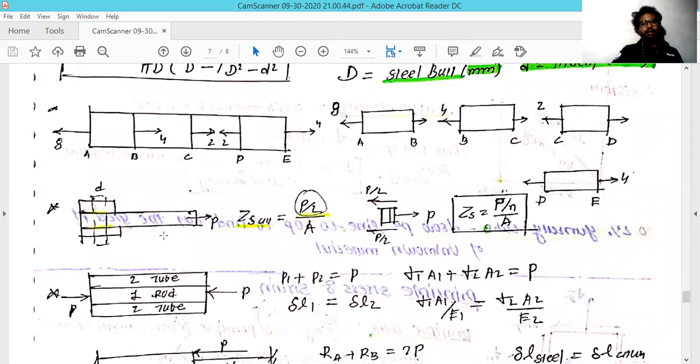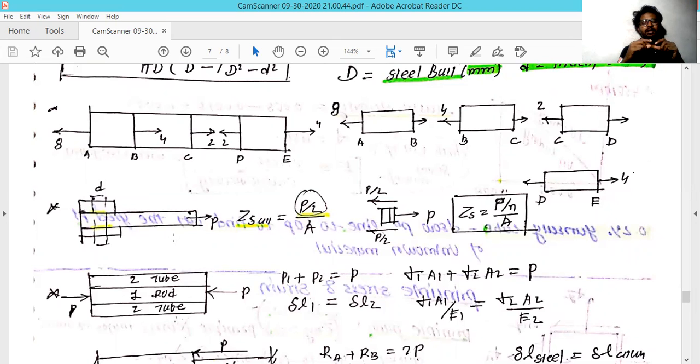So what is happening here? When you apply the force, it is converting to shear force, and in this condition, if you need to find the shear stress, we know the formula is shear force divided by area. But in this condition, the shear is taking place at two places, at the top of that section and at the bottom of that section.